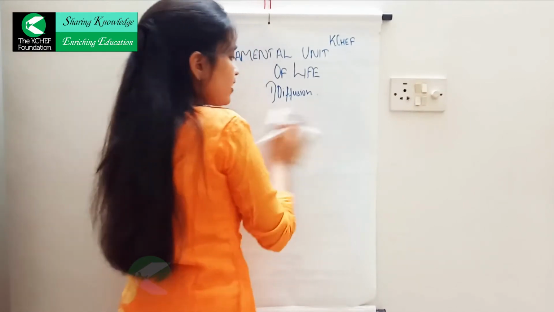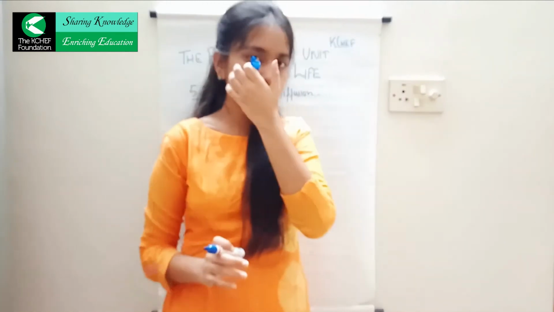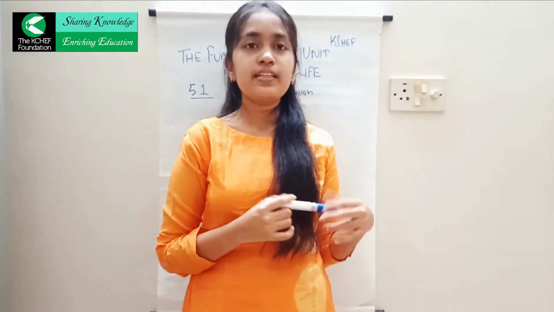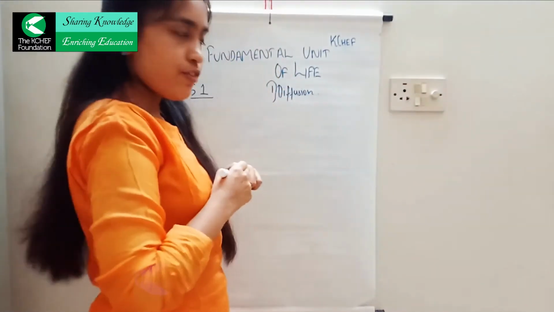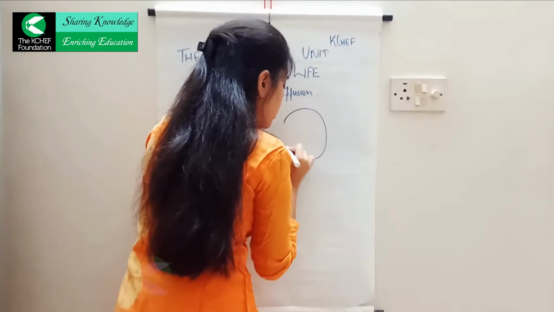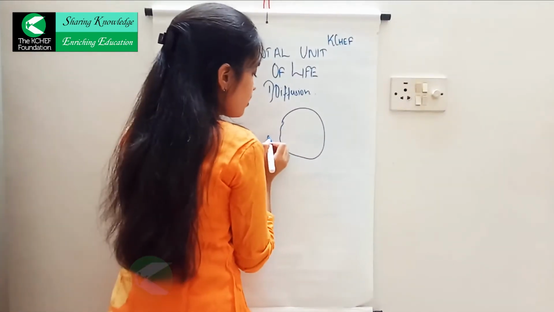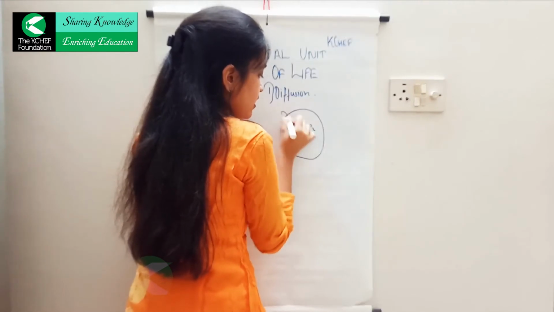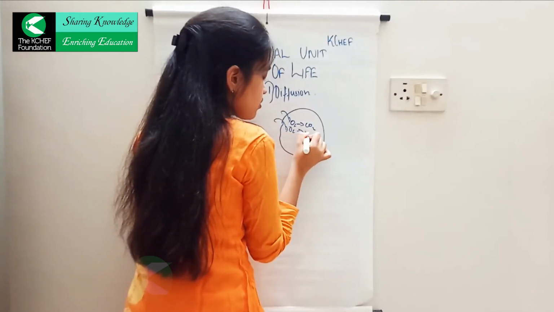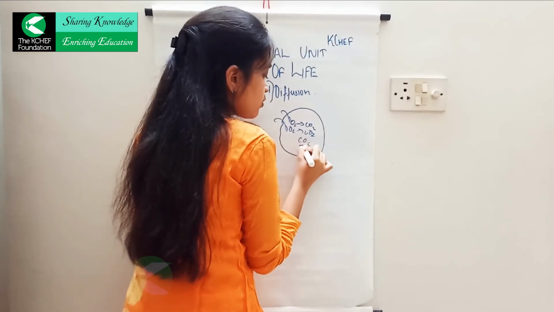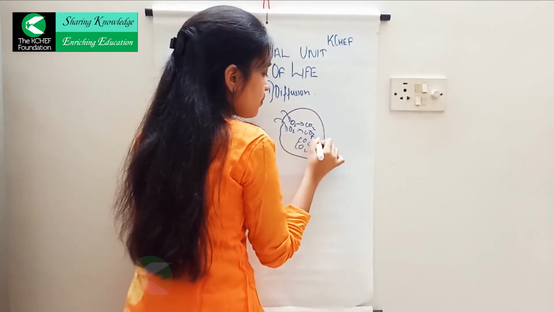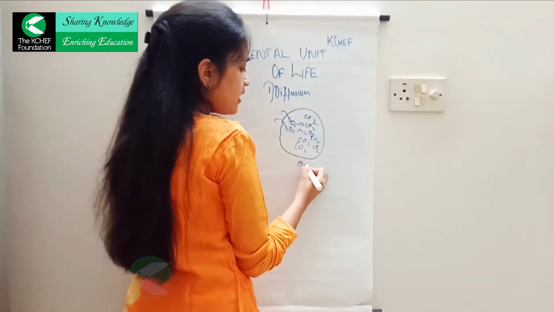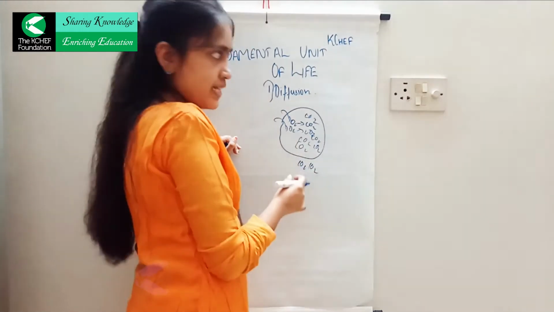So basically all the gaseous exchanges in a cell occur through diffusion. The exchange of carbon dioxide and the exchange of oxygen occurs through diffusion. I will show you how. In a cell, we know that oxygen is converted into carbon dioxide. So oxygen enters and is converted into carbon dioxide, and soon many carbon dioxide molecules are produced inside the cell, and relatively fewer carbon dioxide molecules are outside the cell.